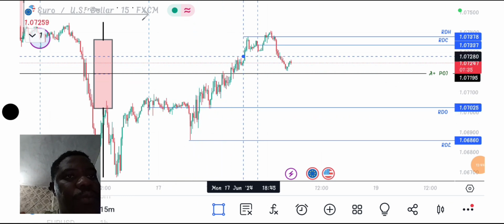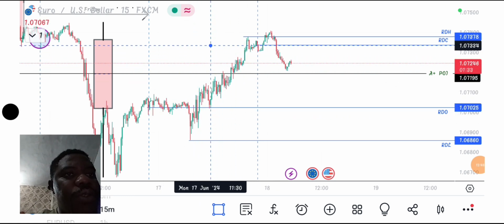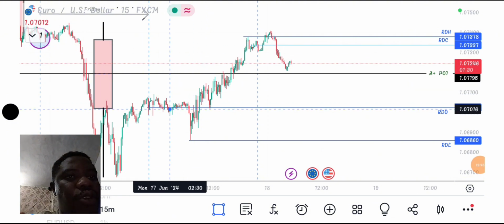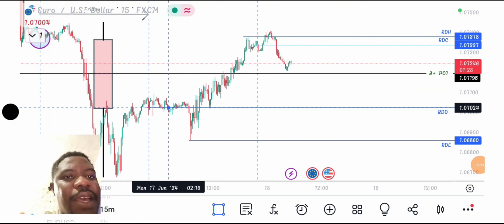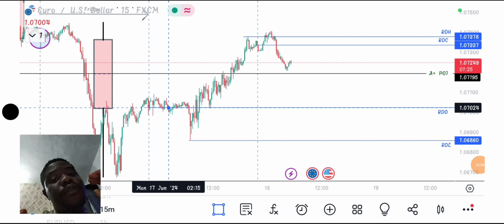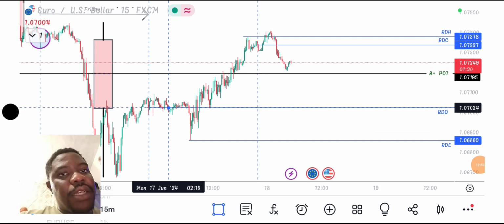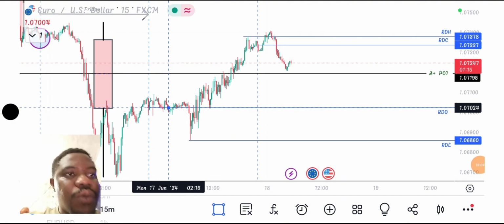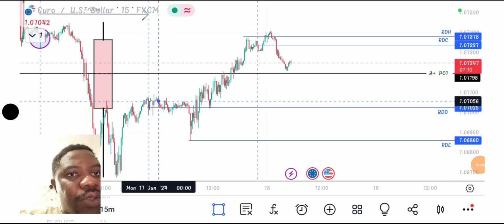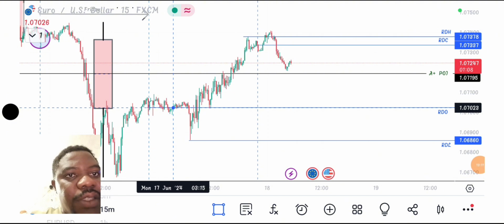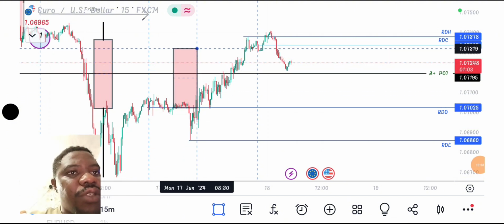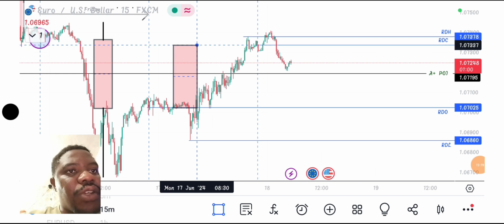So from our open, which is here, you remember any candlestick that closes above is known as a bullish candlestick, and any candlestick that closes below is known as a bearish candlestick. So now you see we had the open of this candlestick at this point here, so we want to mark it from here and shift it straight to the same line where we have our recent daily close.